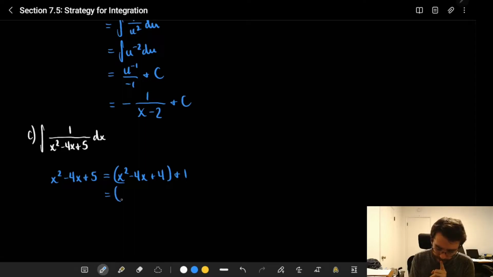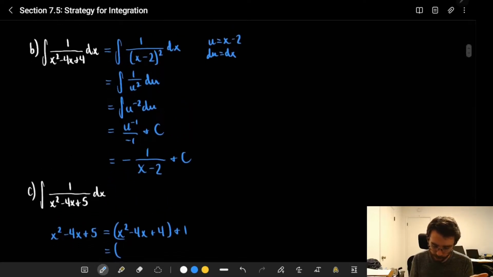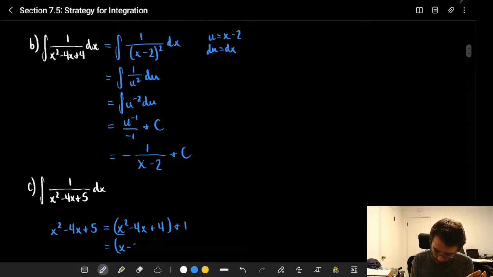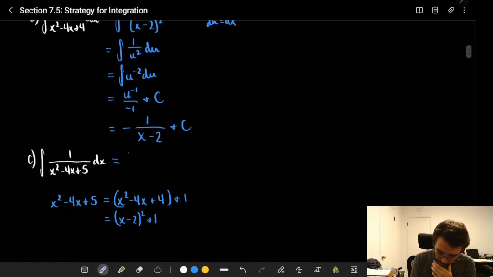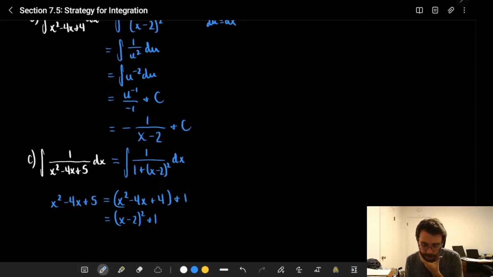But then this can be, we just did that one above, right? That's x minus 2 squared. And so I could write this whole thing as that. 1 plus, there's no square root or anything, so this probably turns out to be an arctan, actually, right?